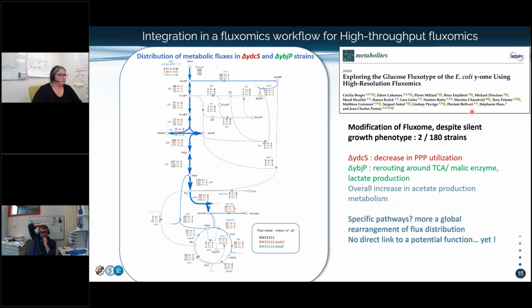From those 180 strains, two showed a really interesting fluxotype or fluxome, and from a repetition of those strain cultivations we were able to see that two mutants, YDSS and YBGP, had a really clear different phenotype from the mass.